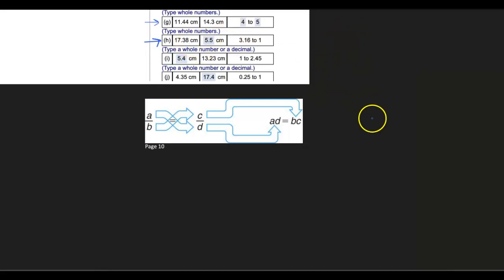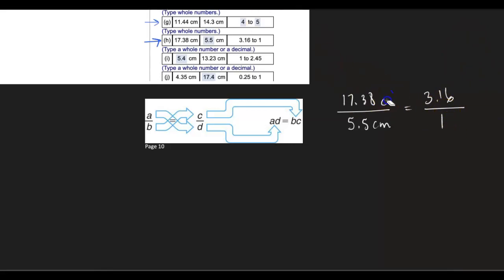So a proportion is two ratios that are equal to each other. And so here I could say that 17.38 centimeters over 5.5 centimeters is equal to 3.16 over 1, or 3.16/1.